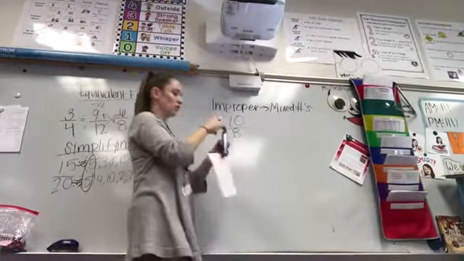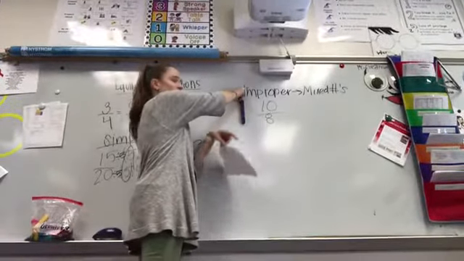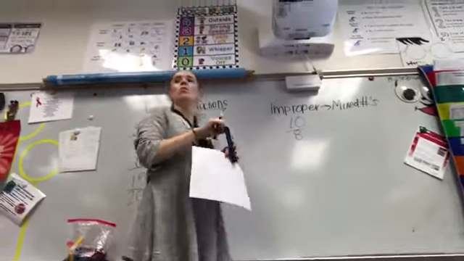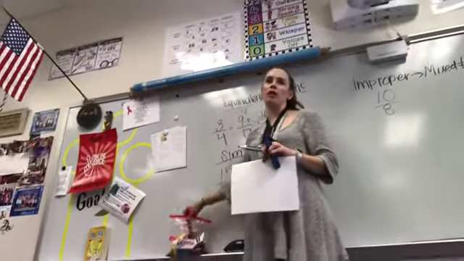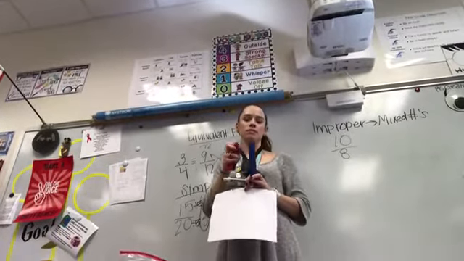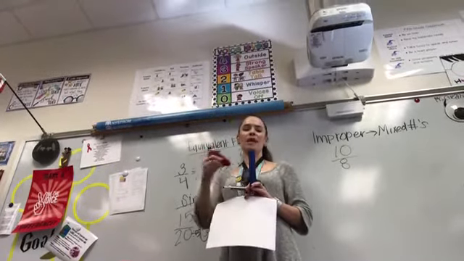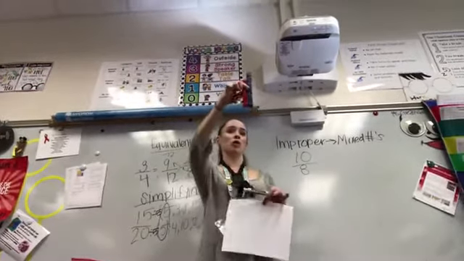10/8. Using a fraction bar, I know I'm in 8 pieces. I know I have 10 of those 8 pieces. What does that mean if I have a numerator that's bigger than my denominator? It means I have an improper fraction, which in other words means I have at least 1 whole.